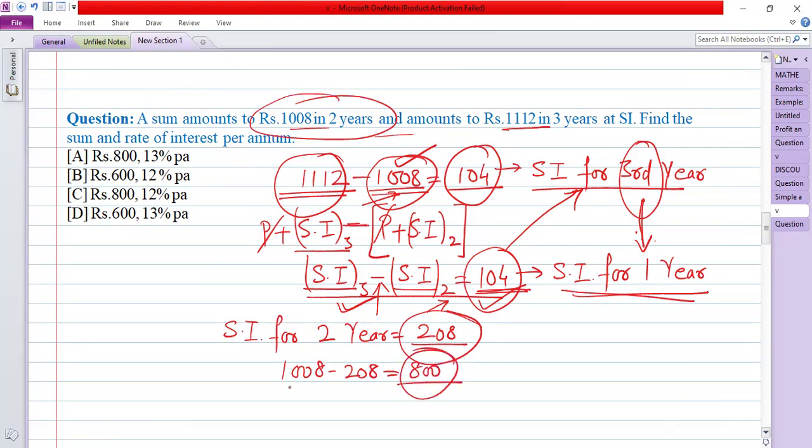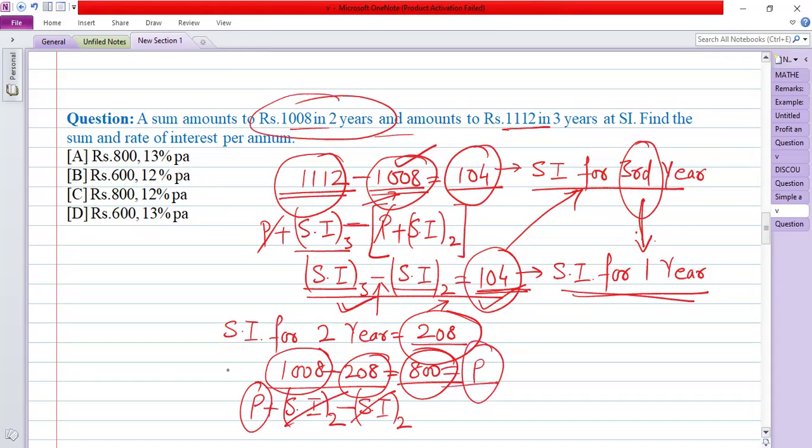Once again, 1008 was the principal amount plus simple interest for 2 years, and minus 208, which is again the simple interest for 2 years, obviously that will go off. So what we have is P, and that P is nothing but 800. Our principal amount was rupees 800.